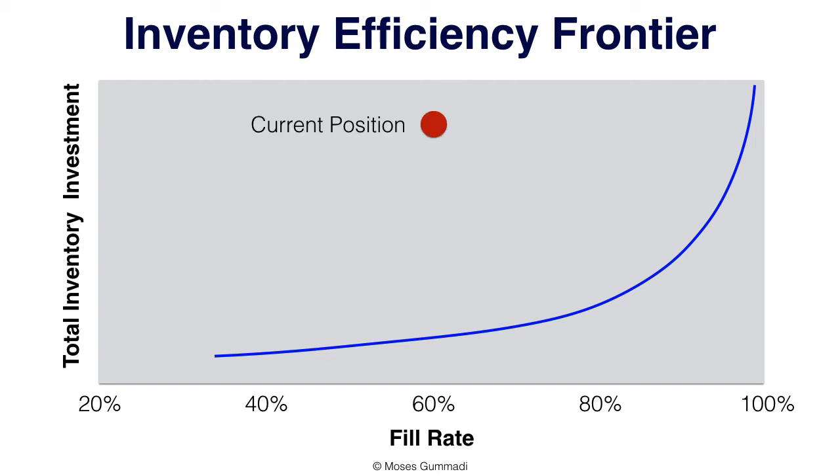Let me illustrate this. Suppose this is your current position. In other words, you're roughly having a fill rate of 60%, but quite a high level of inventory investment. What you would want to achieve is, while maintaining the same fill rate, you could potentially cut down your total inventory investment by a large amount.